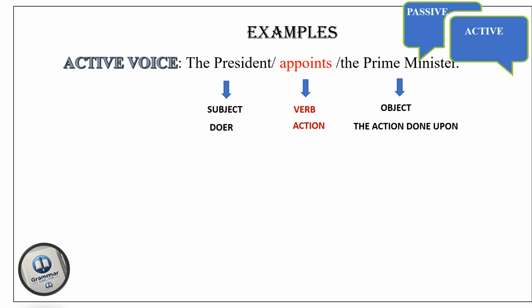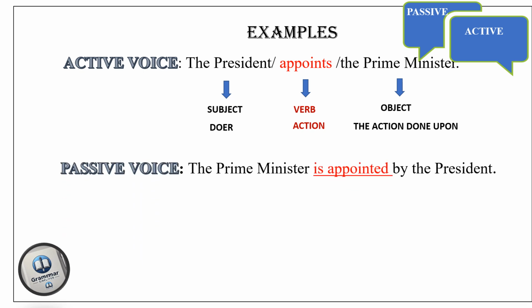Then the verb will change according to the rules. Let us see. Here, the Prime Minister is appointed by the President. Here, the Prime Minister, which was earlier in object place, has become subject, and the verb appoints is in present tense.